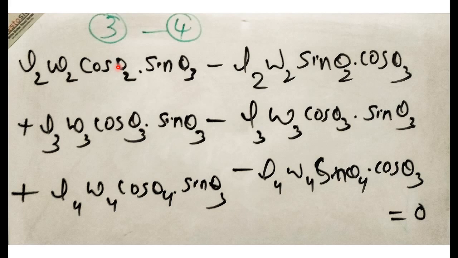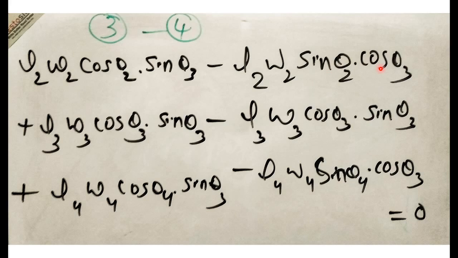Now you see the first line. Next step I am telling. The first line, read this. L2 omega 2 is common. So L2 omega 2 into, open a bracket, cos theta 2 sin theta 3 minus sin theta 2 cos theta 3. Or I will say sin theta 3 into cos theta 2 minus sin theta 2 into cos theta 3.